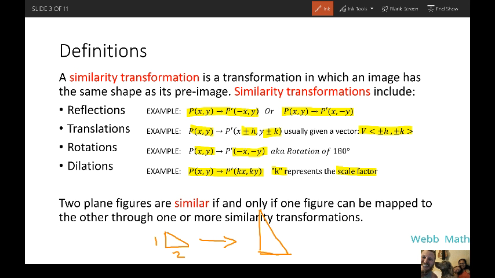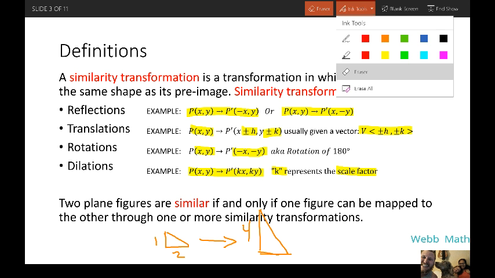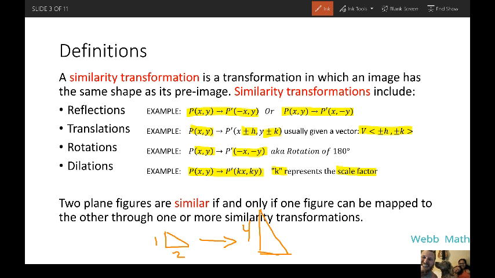Then all of a sudden this side becomes a 4, and this one becomes a ridiculous big number. What happened? That doesn't make sense. That's a good example of things not being similar. Or even if it's not even the same object, like it's not even a triangle anymore, it's just turned into a circle.